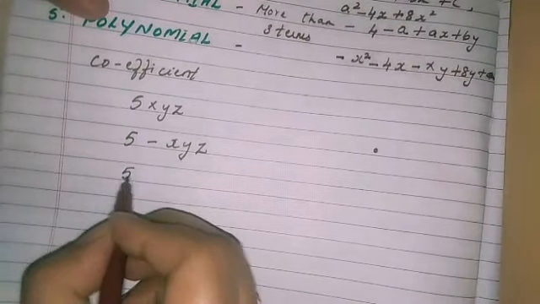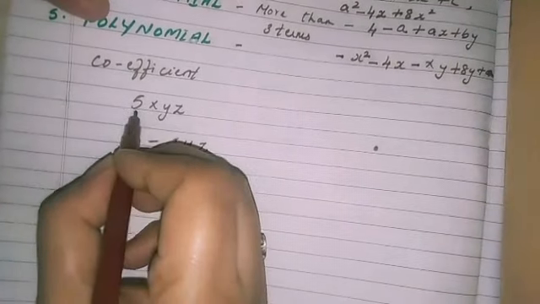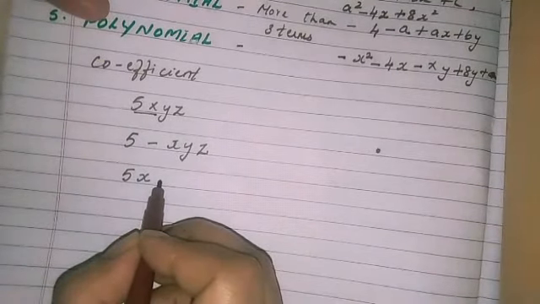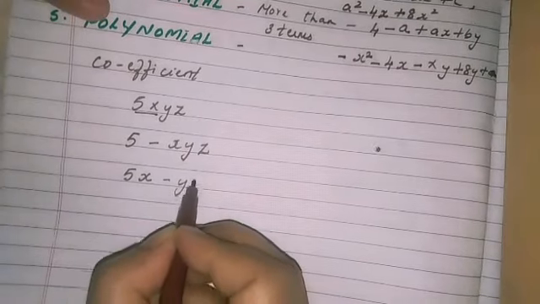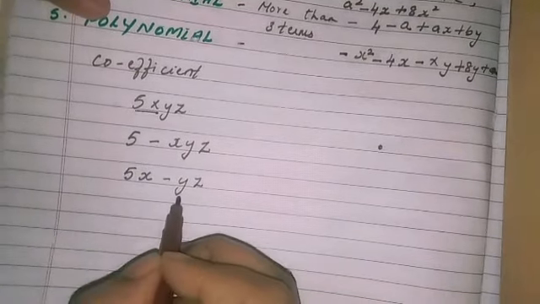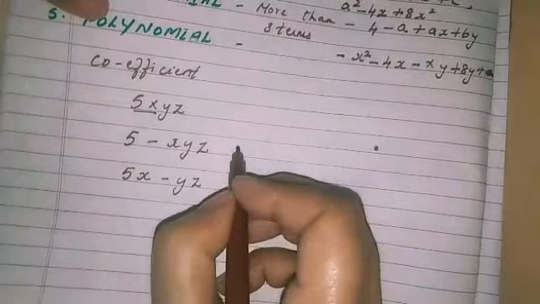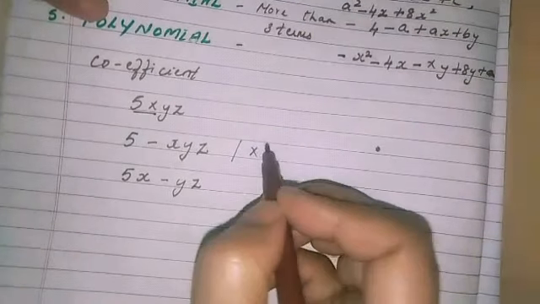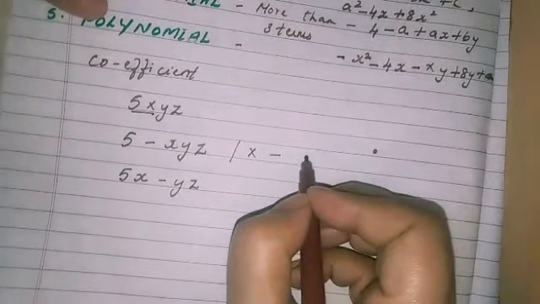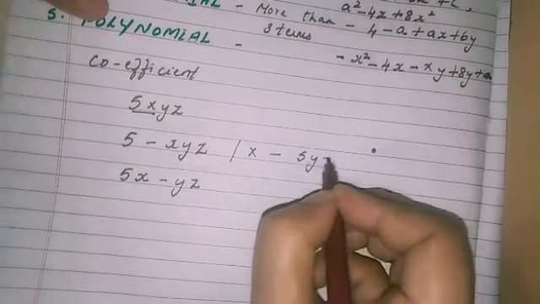If I take 5x, the coefficient of 5x is going to be yz. And what is the coefficient of x? The coefficient of x is going to be 5yz.